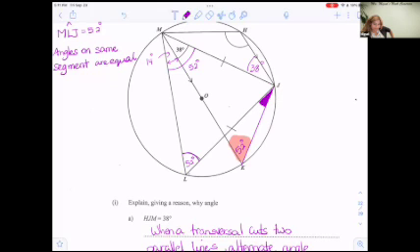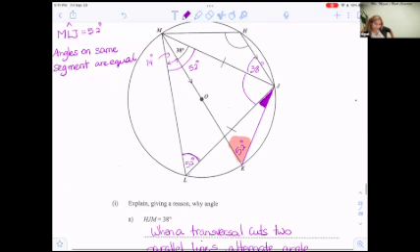What angle is this then here? If this whole thing is 52, and this is 52, how much is this one then? So 52 multiplied by 2 minus 180.